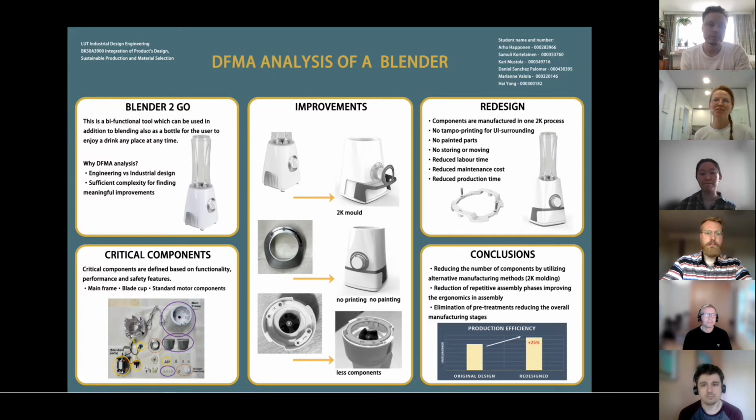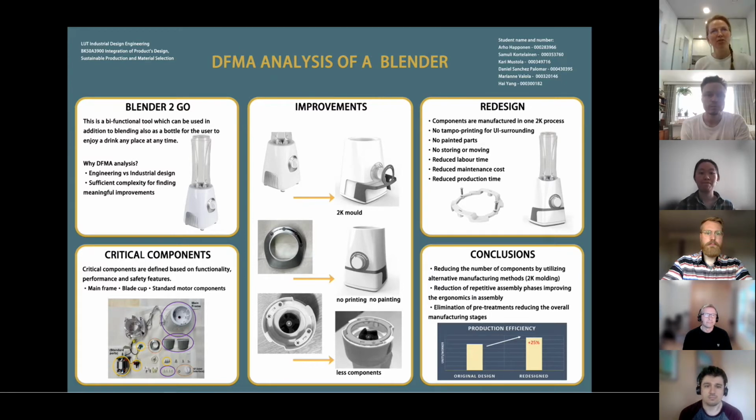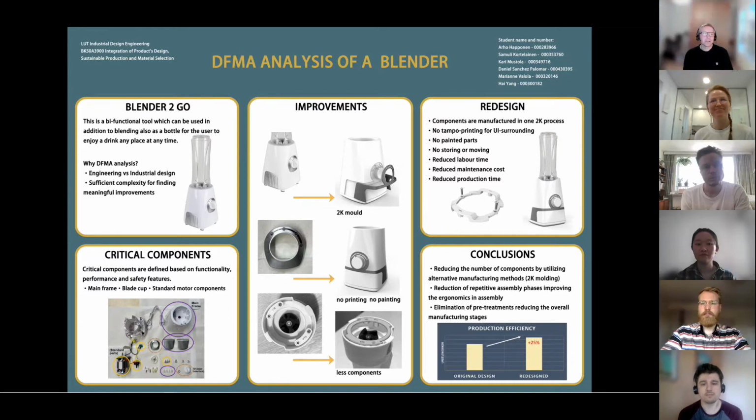Thank you, Arho. Now, Kari, could you tell how did we define critical components for this analysis in this product? Yes, the critical components were defined based on the functionality, performance, and the safety features of the product. Without the critical components, the blender could not operate as designed.